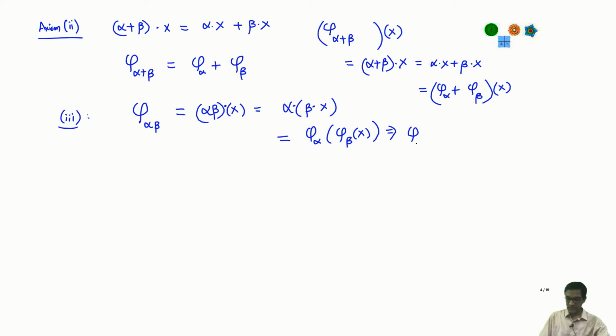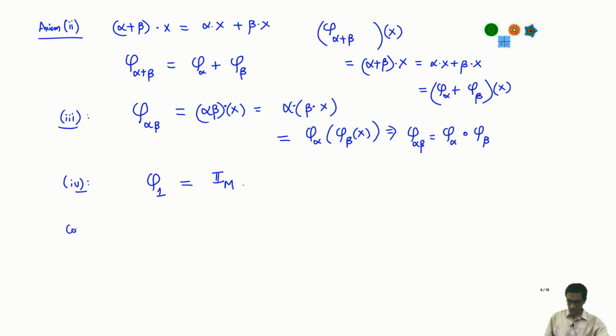So axiom 3 can be restated as follows: phi of alpha beta is just phi alpha composition phi beta. And axiom 4 finally just says that the scalar multiplication by the identity element gives me the identity map. This just says 1 multiplied by x is x. So what I have done is to recast the 4 axioms in terms of this map phi alpha that I defined. Now all of this can further be recast as follows.